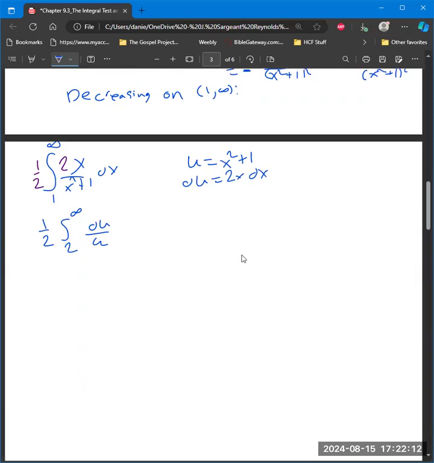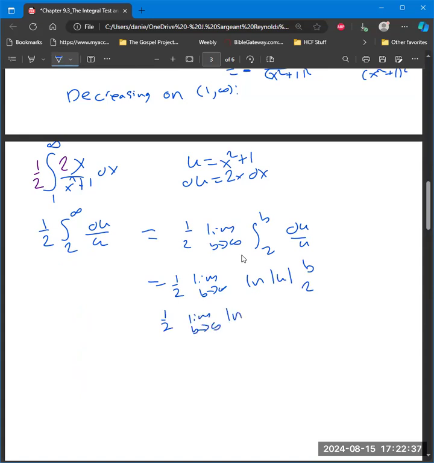All right, so this is going to be equal to 1/2 limit as b goes to infinity of the integral from 2 to b of du over u. It's 1/2 limit as b goes to infinity of ln of the absolute value of u evaluated from 2 to b. 1/2 limit as b goes to infinity of ln of the absolute value of b, minus 1/2 limit as b goes to infinity of ln of the absolute value of 2.